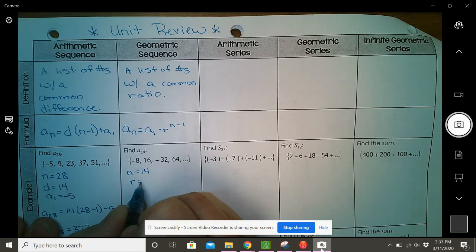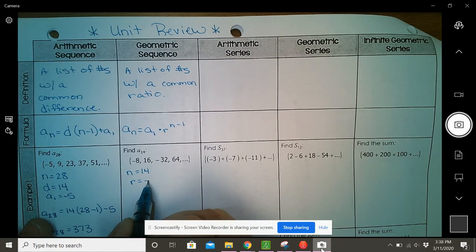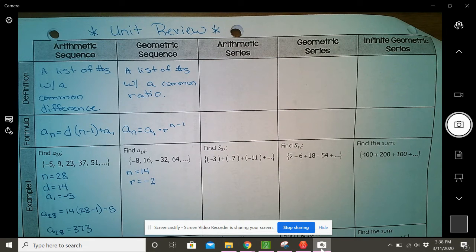The r value here is what am I multiplying or dividing by as I move from term to term. So I can do this pretty easily because 8 times 2 is 16, 16 times 2 is 32, 32 times 2 is 64, but also recognize that the sign is changing from negative to positive. So that means I'm multiplying by a -2 each time.